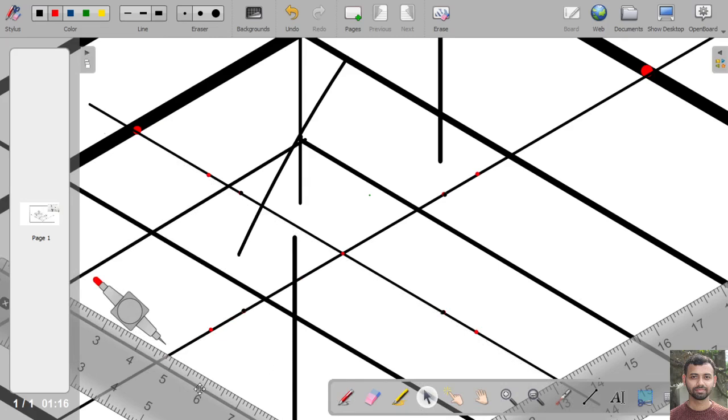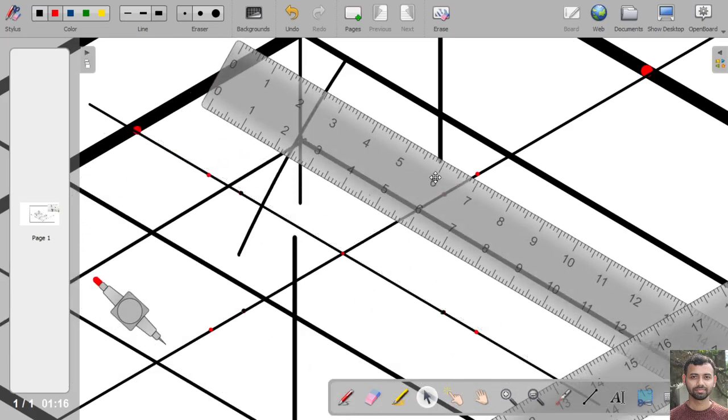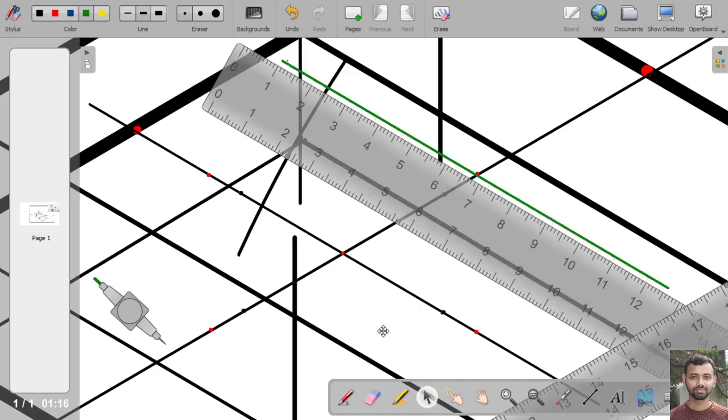Now again we have to draw the lines. Okay.